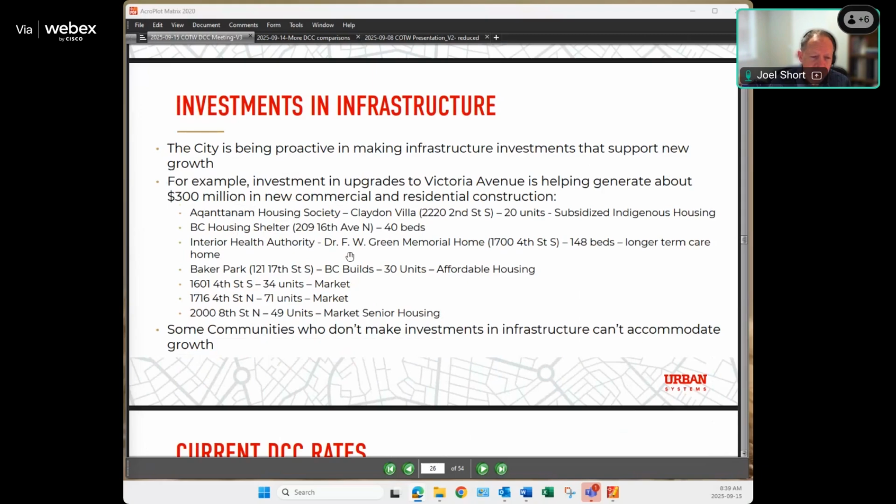And you can see in some of the comparisons, they have proposed some new DCCs, which brings them more in line with the types of DCCs that other communities are paying. So there's a range of approaches, and with each community, there are unique considerations they need to think about, and every community needs to make a decision themselves in terms of how they want to approach that. So I don't know if that answers your question.